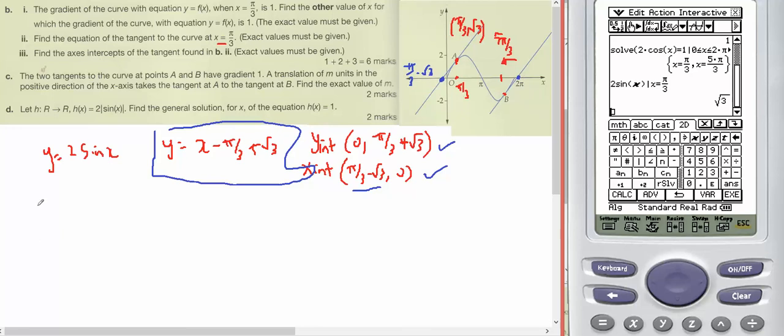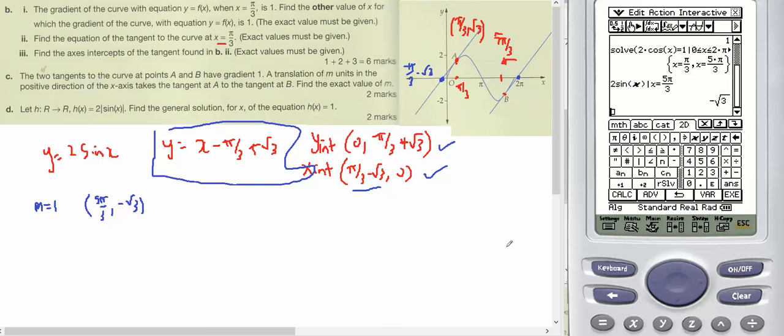So for the other tangent, I know that the gradient is equal to 1, and it has a point which is at 5 pi on 3 and negative root 3. Just double check that. If that is 5 pi on 3, now through symmetry it should be minus root 3, and it is minus root 3.